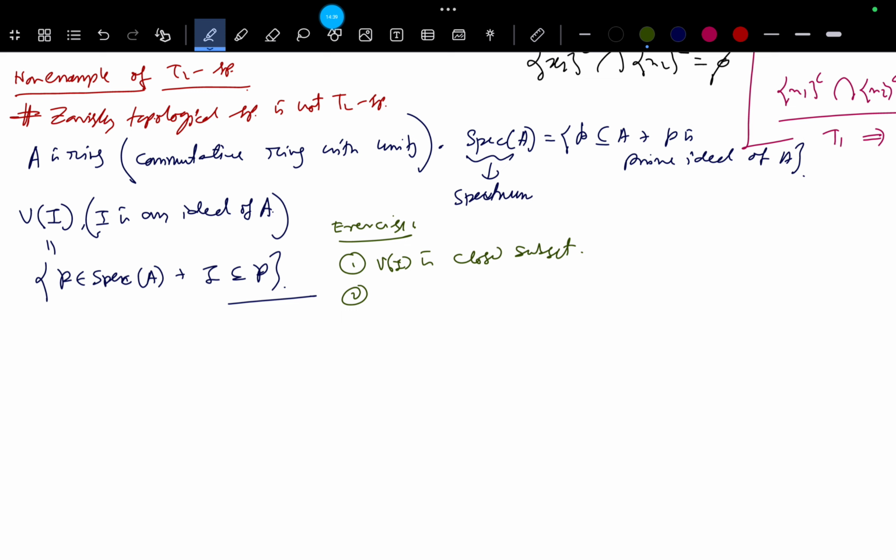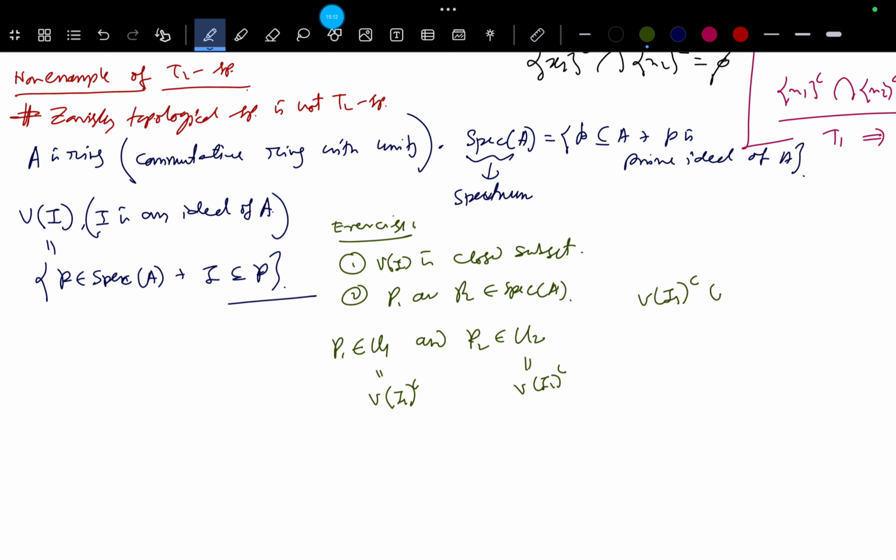So that means if you consider any two points, say P1 and P2 belonging to Spec A, let us consider that P1 is inside U1 and P2 is inside U2, where U1 is of the form V of I1 complement and U2 is V of I2 complement. Suppose V of I1 complement intersection V of I2 complement is empty.